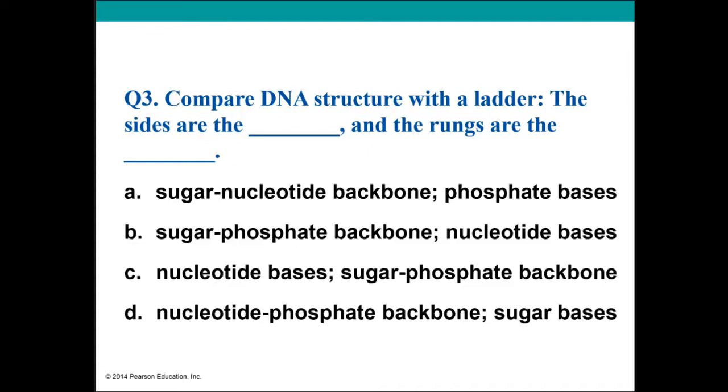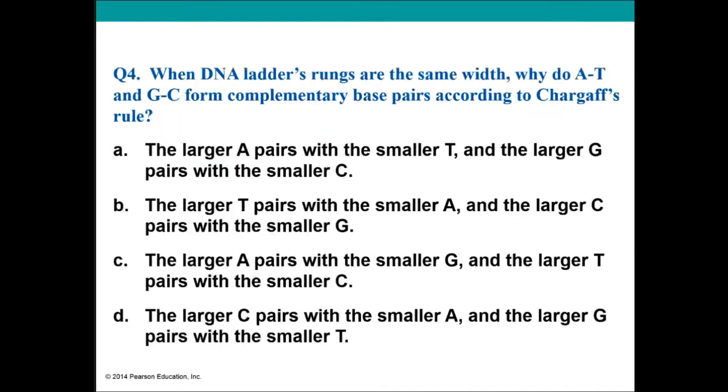Okay, let's review. Question 3. Compare DNA structure with a ladder. The sides are the and the rungs are the. Choose the correct answer. Question 4. When DNA ladder's rungs are the same width, why do A and T and G and C form complementary base pairs according to Chargaff's rule?